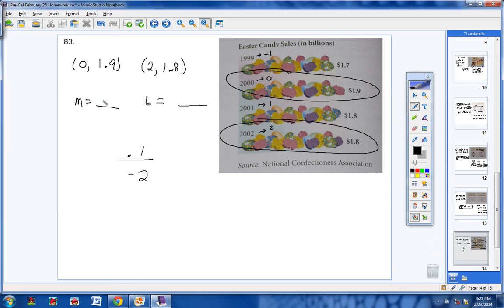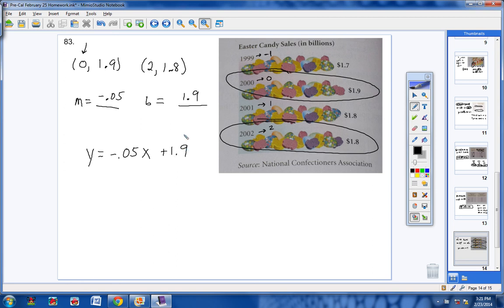If you type this into your calculator and divide, you will get a negative 0.05. And we know what the y-intercept is because we wisely chose an ordered pair that had a 0 in the first place. So we know my b is going to be 1.9. So now we can write our linear equation very quickly. It's y equals negative 0.05x plus 1.9. So there we did it.